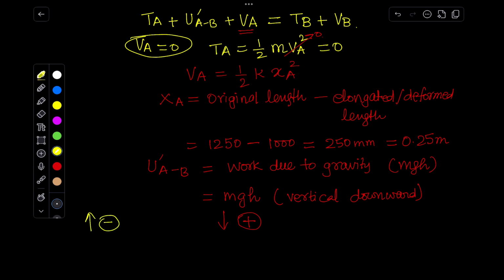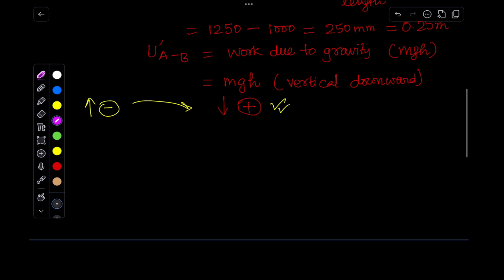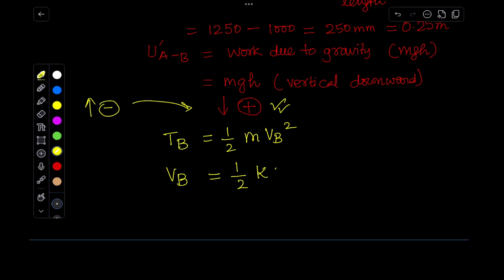The mass is going in the downward direction, so the work done will be positive because of gravity. When it goes up, it will be negative, but here it is going down. Okay, so now we will solve equation 1, and make sure that you use the vertical height when you are calculating work due to gravity. We always use the height in the vertical direction, not inclined, not curved, nothing, just straight.